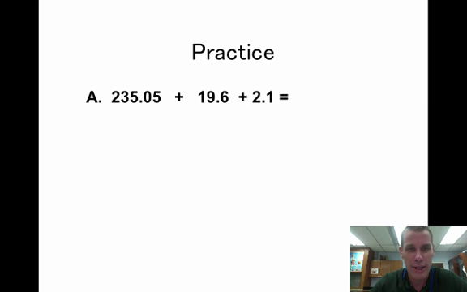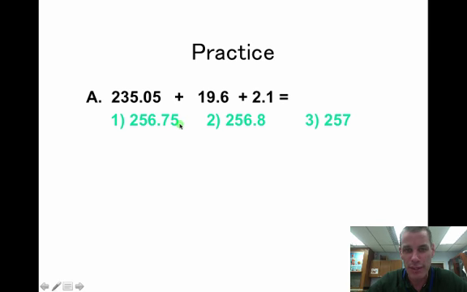Alright, here we go. Let's try this out. 235.05 plus 19.6 plus 2.1. Okay, there's 3 choices there. If you type it in the calculator, you're going to get 256.75. But the problem is this. You're adding this 5 right here to an unknown quantity plus another unknown quantity.